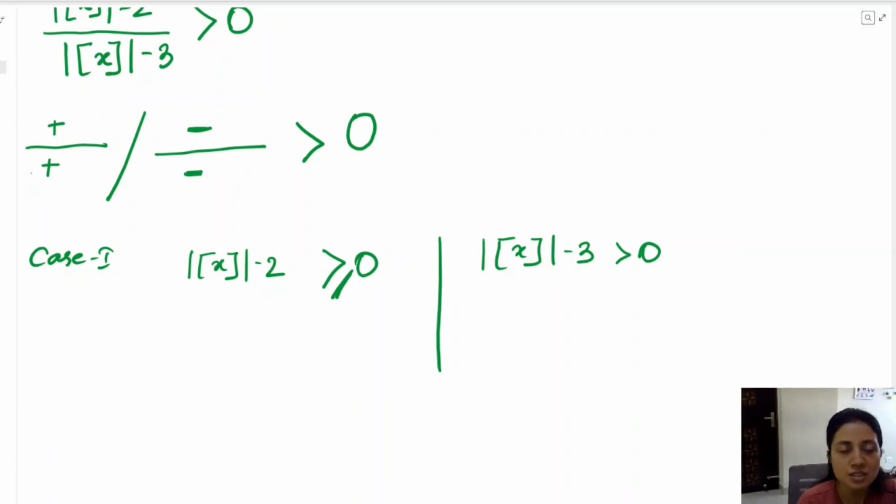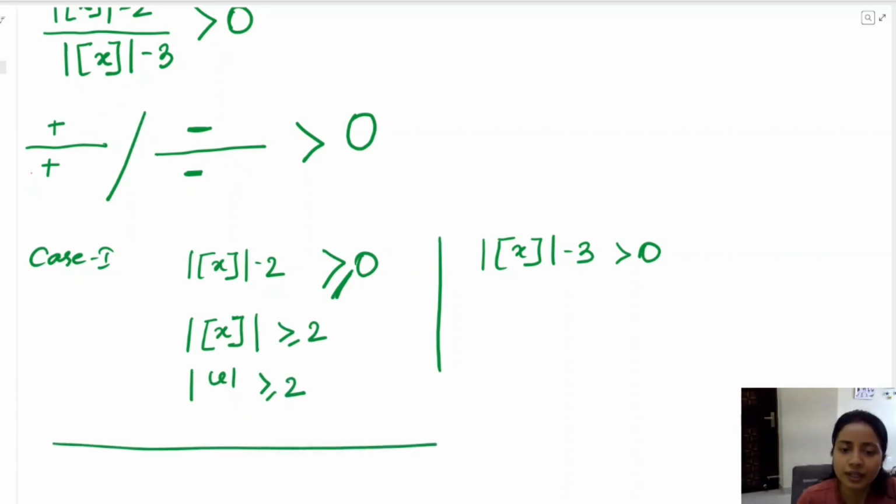Now the first inequality, mod of greatest integer function of x minus 2 is greater than or equal to 0, can be written as mod of greatest integer function of x is greater than or equal to 2. Now think about it. Let's focus on the modulus function first. Inside the mod, let's say u is there and that u is bigger than or equal to 2.